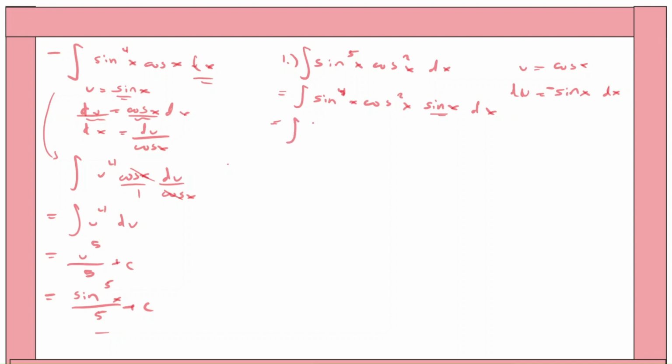But the first thing we're going to do is rewrite the sine to the fourth as sine squared of x times the sine squared of x times the cosine squared of x times the sine of x dx, okay? So what you'll notice is now we wrote them in squares. The reason we did that is because we know the identity that the sine squared of x plus the cosine squared of x equals 1.